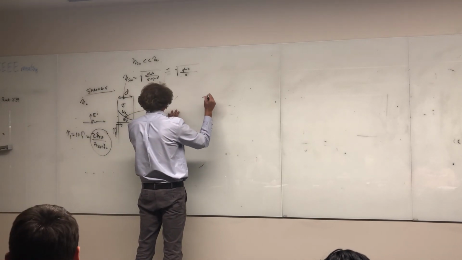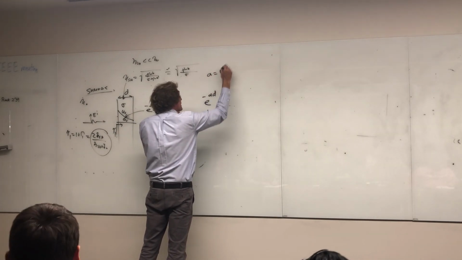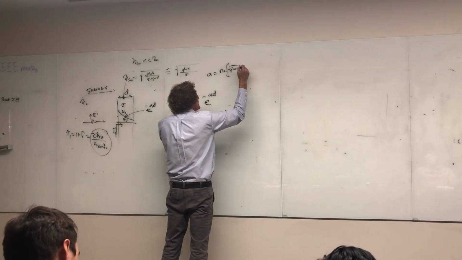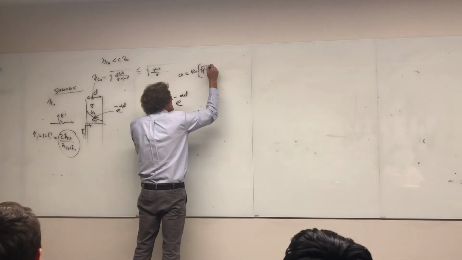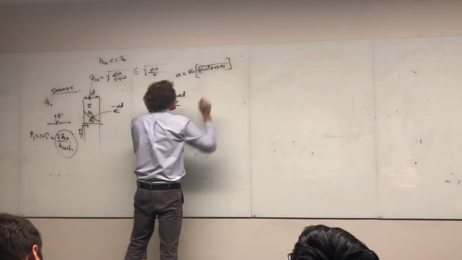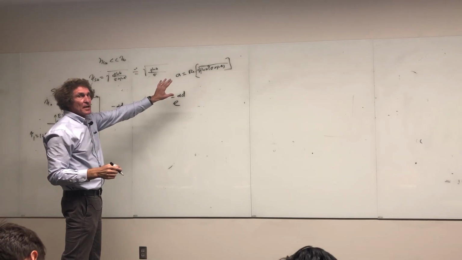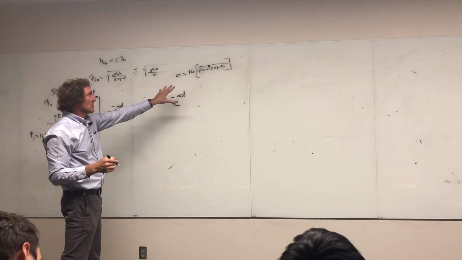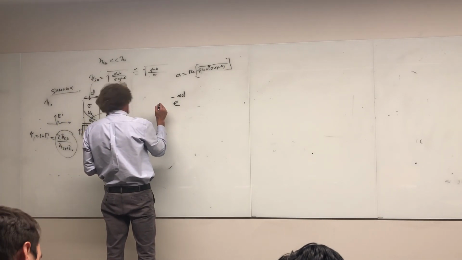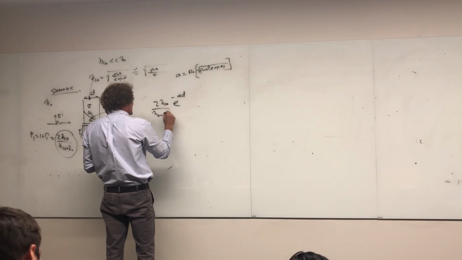I'll have e to the minus alpha d, and alpha is the real part of the square root of j omega mu times sigma plus j omega epsilon. I'll get to that next time, but it's a significantly large value. Just trust me on this one. So I have this, and I have 2 eta shield over eta shield plus eta naught.